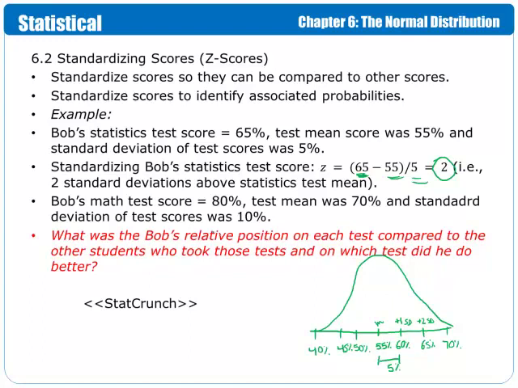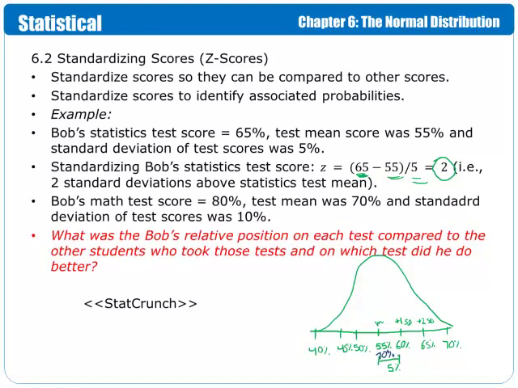Now let's suppose that Bob has a math test score of 80%, where the test mean was 70% and the standard deviation of the test scores was 10%. That gives us a different population setting because it was a different test that has different scores. So we no longer have a 55 in the middle, but we have a 70 in the middle.